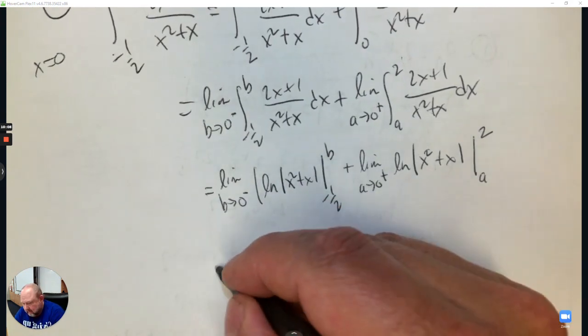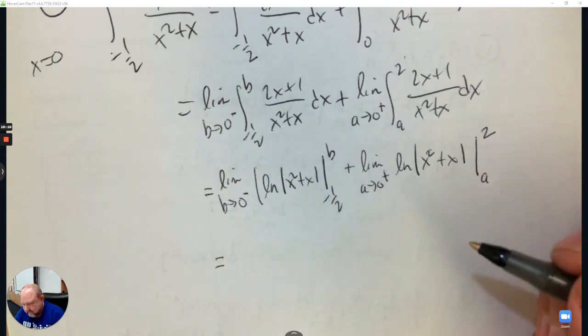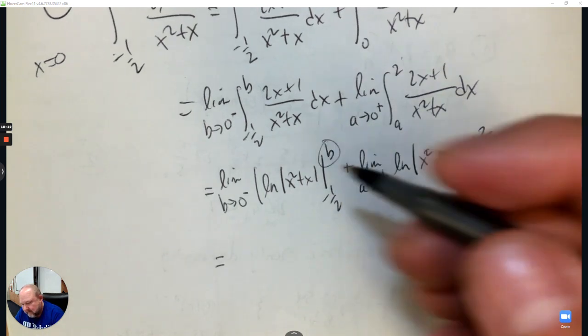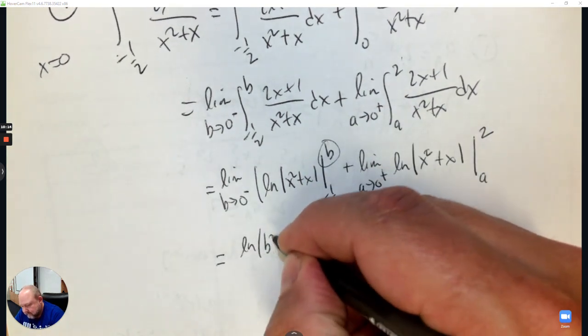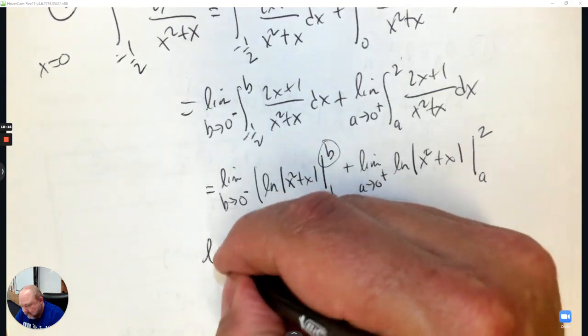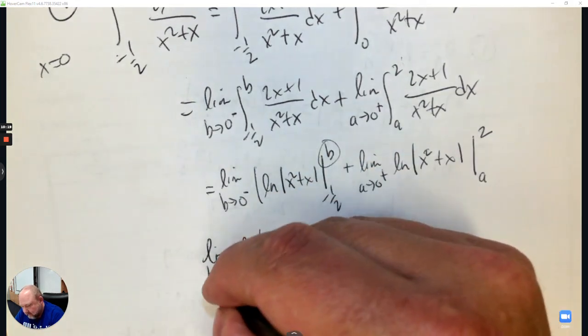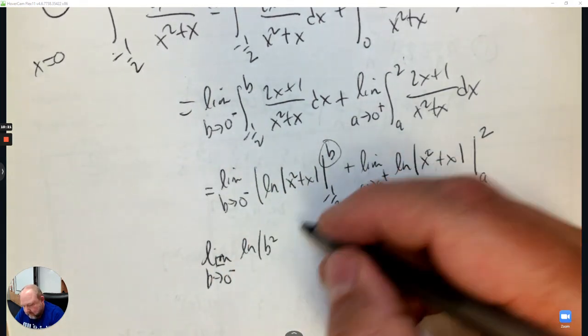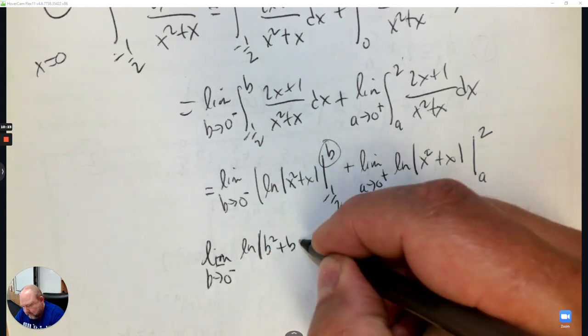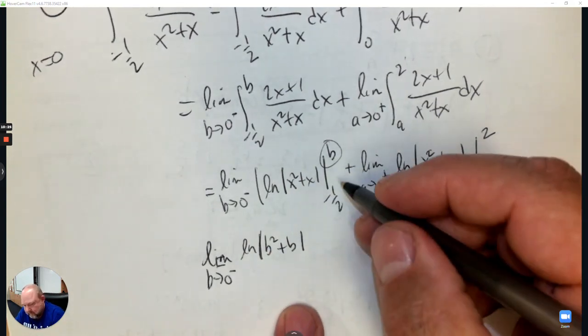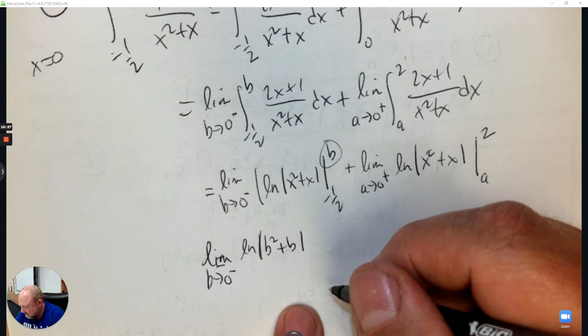And now we're going to substitute in and see what happens. So first I'm going to plug in b, top limit first. Again, keep the limit notation. And then I'm going to plug in negative a half.